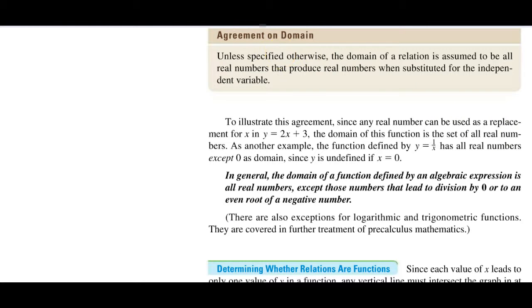Now, in this area where they're asking us to look at agreement on domain, we think of the number line, and all the numbers that are on the number line are real numbers.